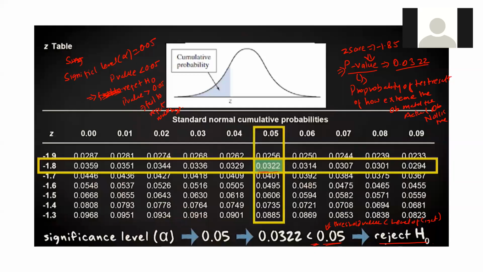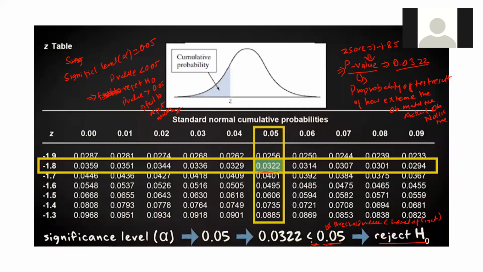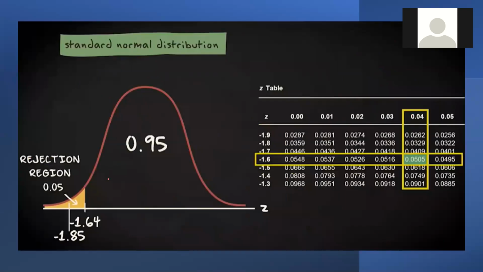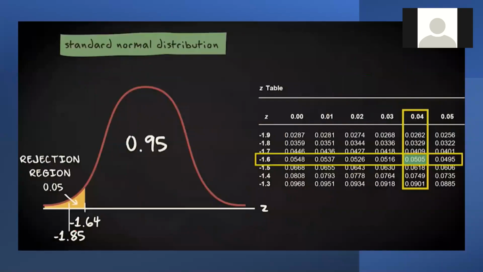Also, if we reject the null hypothesis, here what you can see is, this point is your 0.05 interval. This is your normal distribution bell shape curve, right?